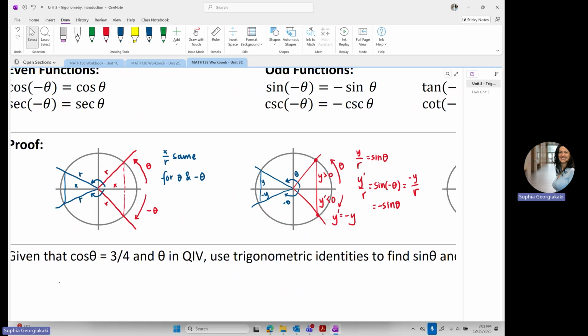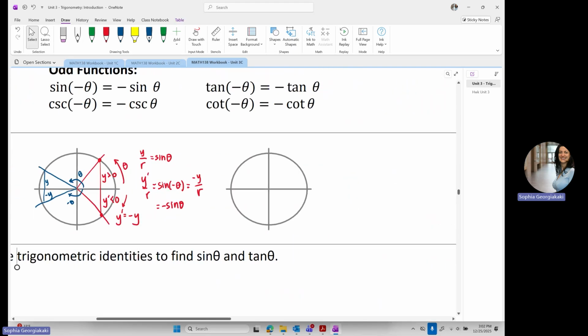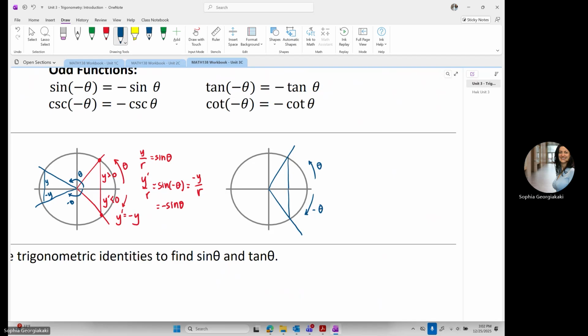For the tangents, it's the same idea. So again, when you have theta and a negative theta, you have the same x, but you have a y and a minus y.